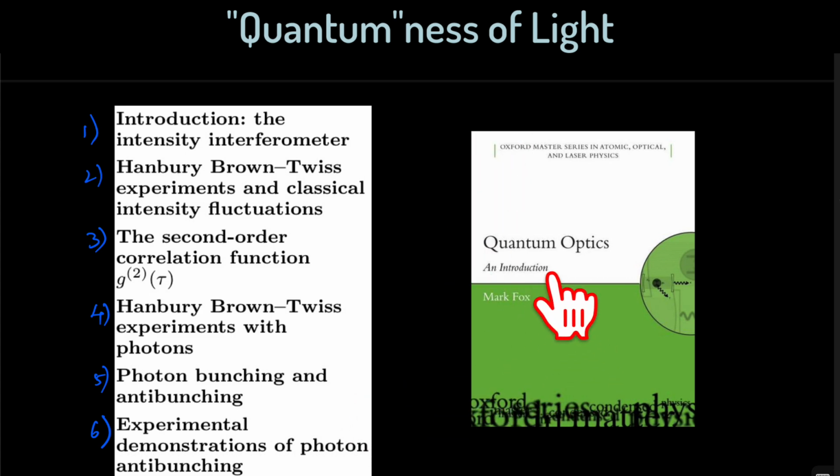All the discussion I have had in this lecture is mainly from this wonderful book, Quantum Optics: An Introduction by Mark Fox, and there are also good references within this book. Have a look at them.